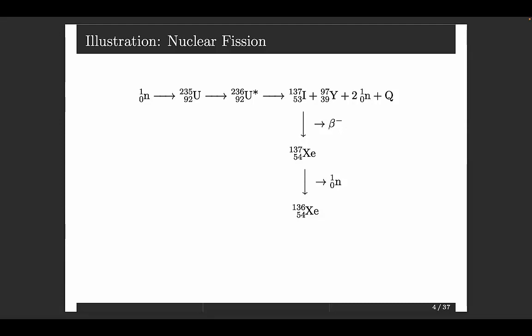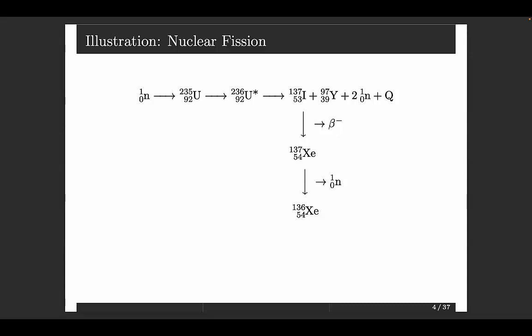In the initial reaction at the top that produces two neutrons, that's called a prompt reaction, whereas the neutron emission from the xenon is a delayed reaction. Those neutrons can further be absorbed by other uranium-235. The total heat that's released in this chain reaction can either happen very quickly in a destructive manner, or if you space out the energy release over a long period of time, that's useful in power plant applications.